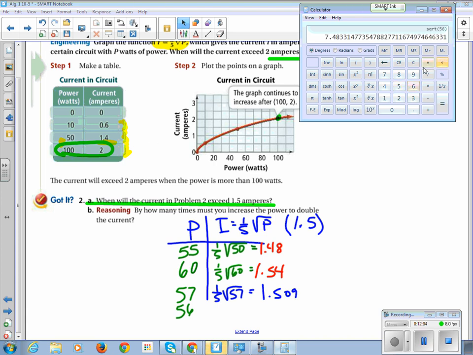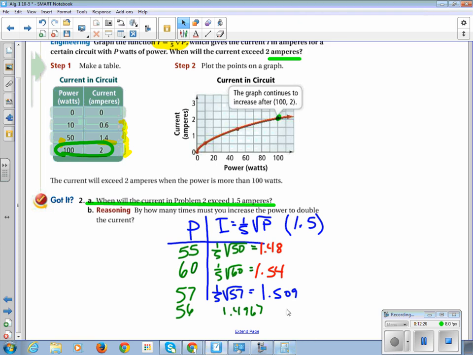Doesn't hurt for us to have accurate data. 1.496. Okay, so I think reasonably we can say that when will the current exceed 1.5 amperes? When the power is equal to 57 watts.